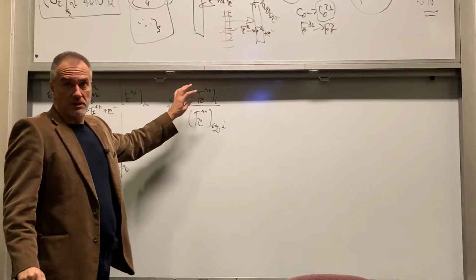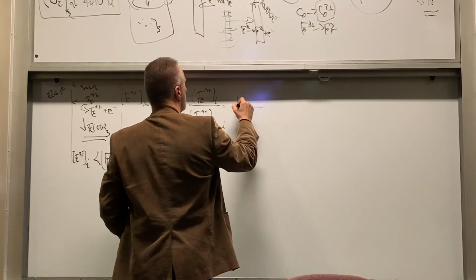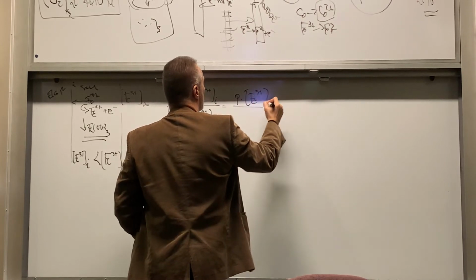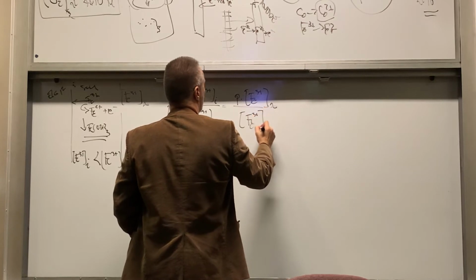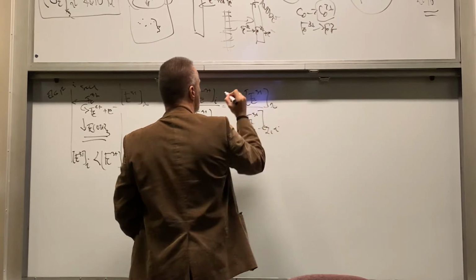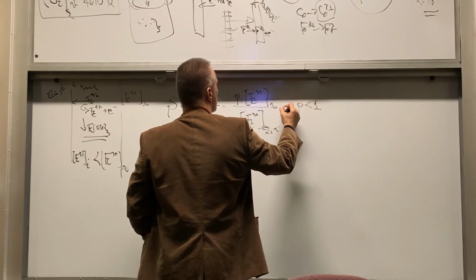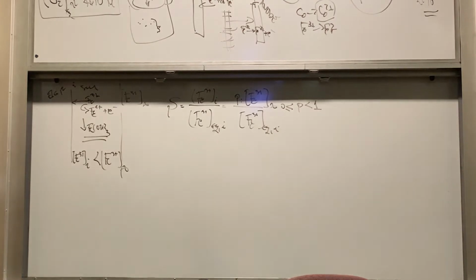I don't know what it is, but what I'm going to say is that this is equal to some P times iron 3 plus in the bulk, divided by iron 3 plus equilibrium at the interface. What is P? P is some number smaller than 1 and bigger than 0, because I expect it to be smaller than the bulk, right?